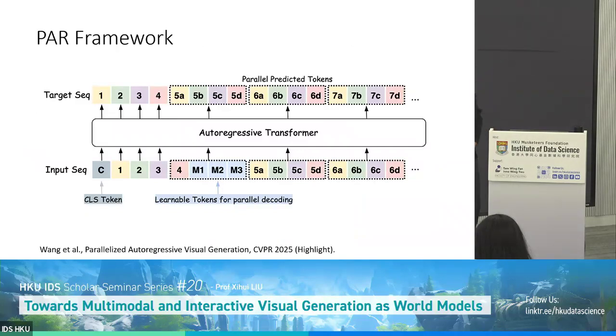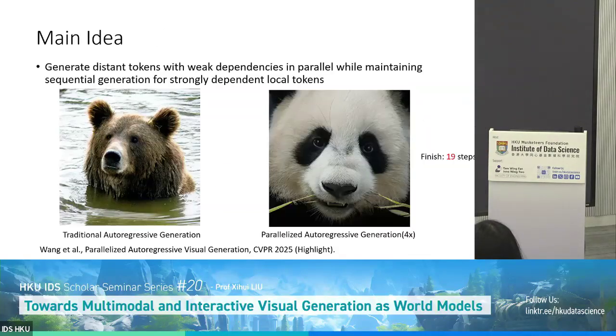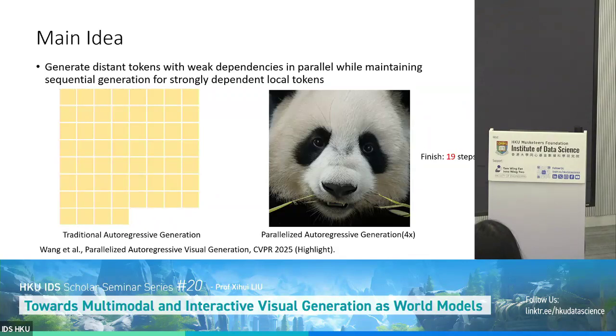Yeah, that's a great question. Inside each block, firstly we have attention between these tokens, so they can get each other's features. And secondly, the final sampling is independent inside each block. So this requires us to design a decoding mechanism like this.